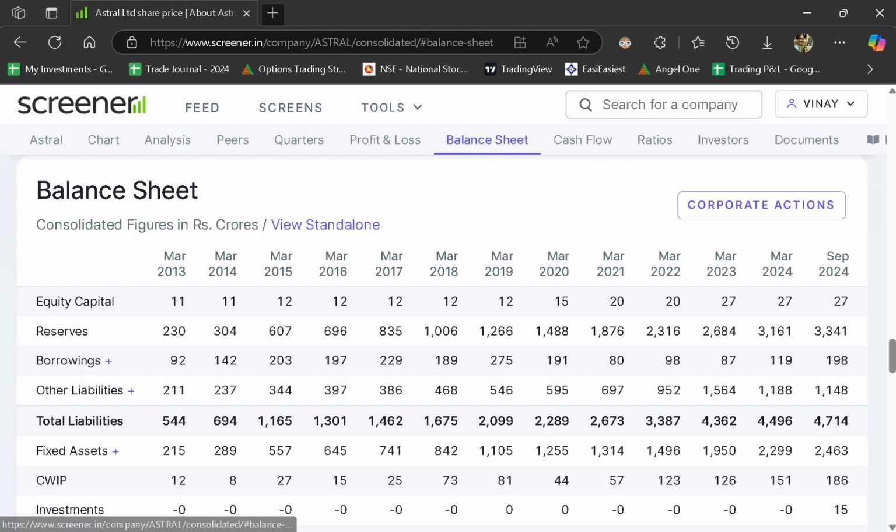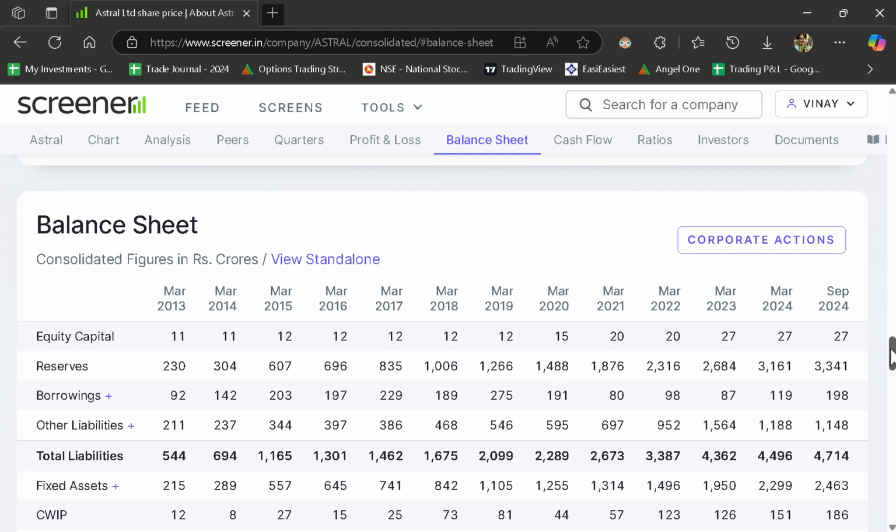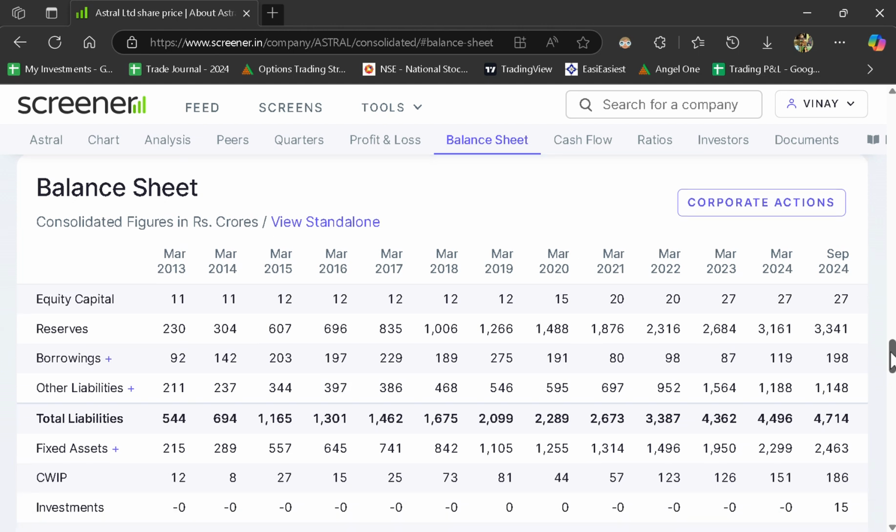So now let's go into the balance sheet. Now the balance sheet, if you can see, this is year on year and it is given in consolidated form. If you want to see standalone, you can click this.